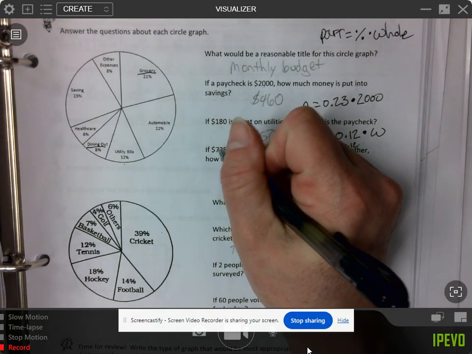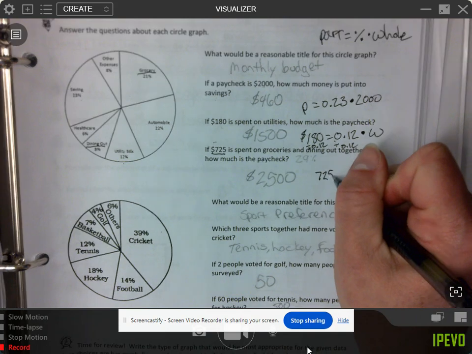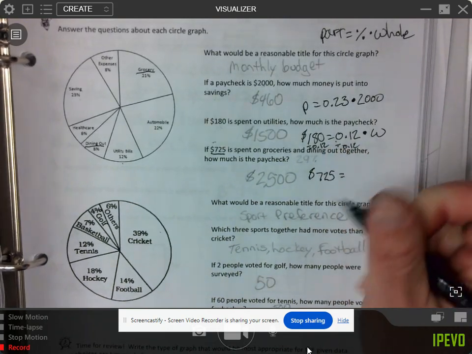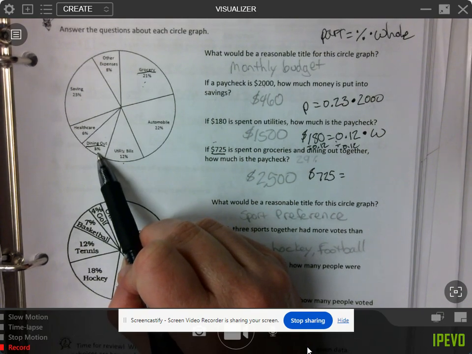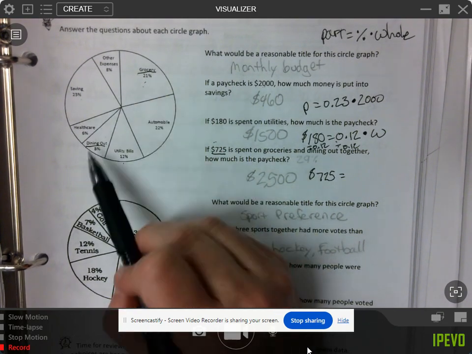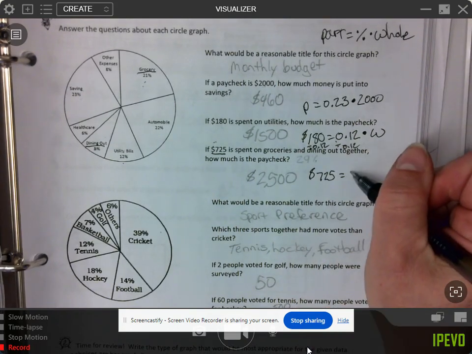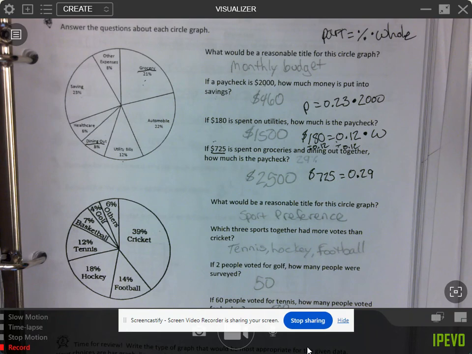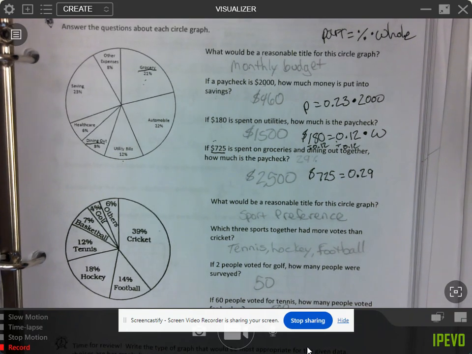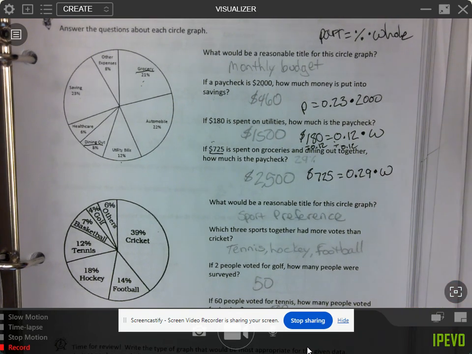And my part was the $725. The percent is 21 plus 8. So I have to add those two together because I combined them together up here for 725. So now I combine them down here to get the 0.29. I have to add the percents together. I'm timesing it by the whole.